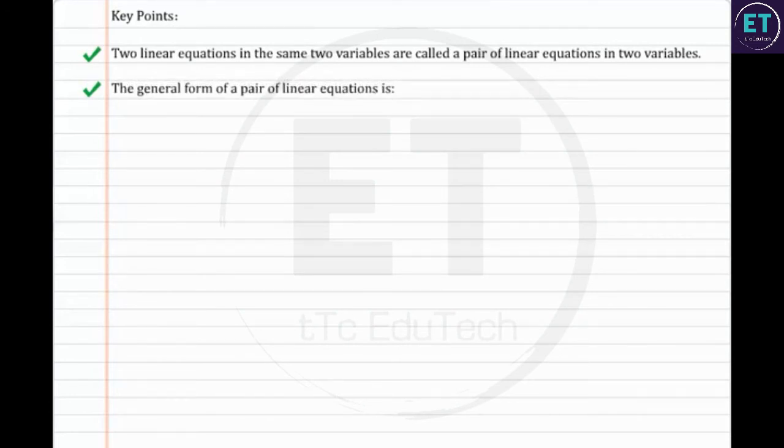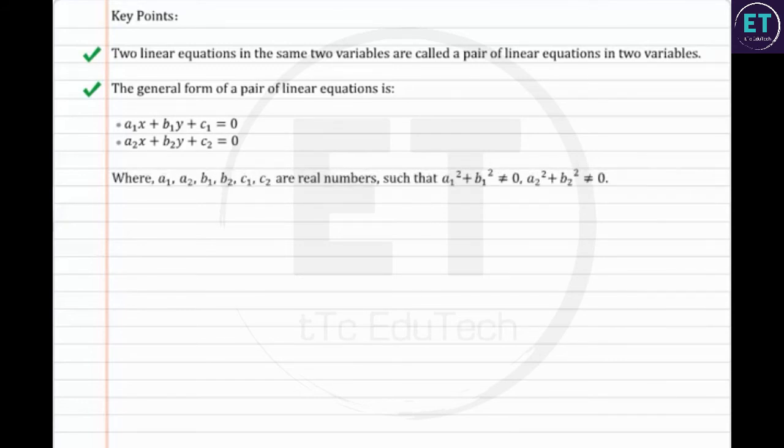The most general form of a pair of linear equations is a1x plus b1y plus c1 is equal to 0, a2x plus b2y plus c2 is equal to 0, where a1, a2, b1, b2, c1, c2 are real numbers, such that a1 square plus b1 square is not equal to 0, a2 square plus b2 square is not equal to 0.